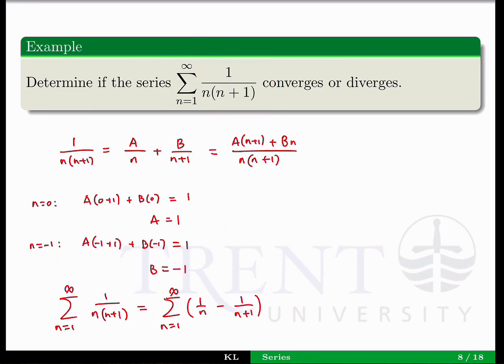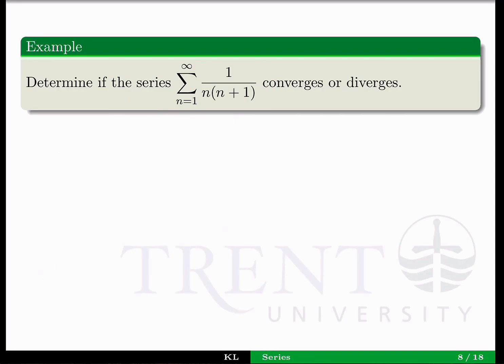From here, we can use our definition. We will define the sequence of partial sums. Let us write that. So what we have written in the previous slide, we have the sum of 1 over n times n plus 1, from 1 up to plus infinity, we can write this as the sum of 1 over n minus 1 over n plus 1, from 1 up to infinity.